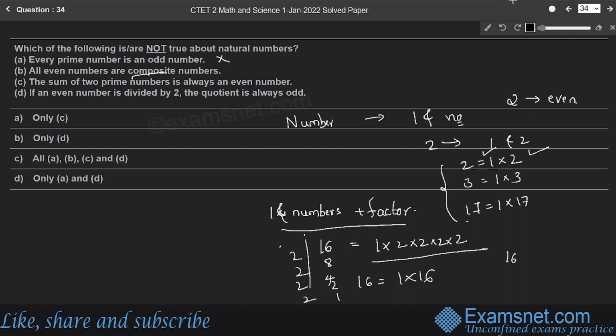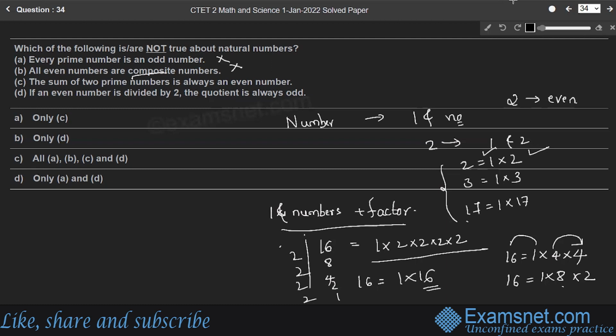Or you can write 16 as 1 into 4 into 4. Or you can write 16 as 1 into 8 into 2. So apart from the number and 1, they have at least one factor. Either 16 or 8 and 2, 4 and 4, or 2 into 2 into 2 into 2. Hence, statement 2 is also wrong.